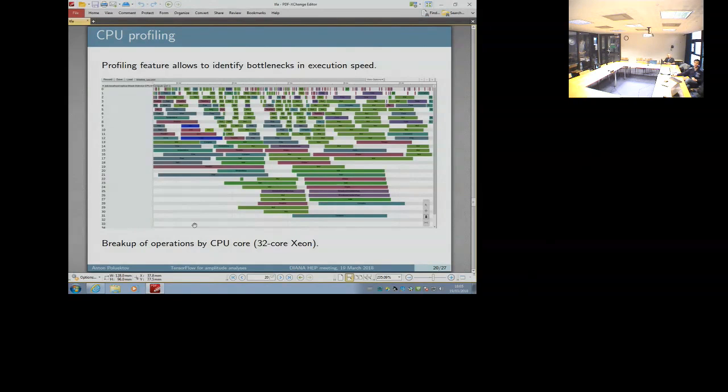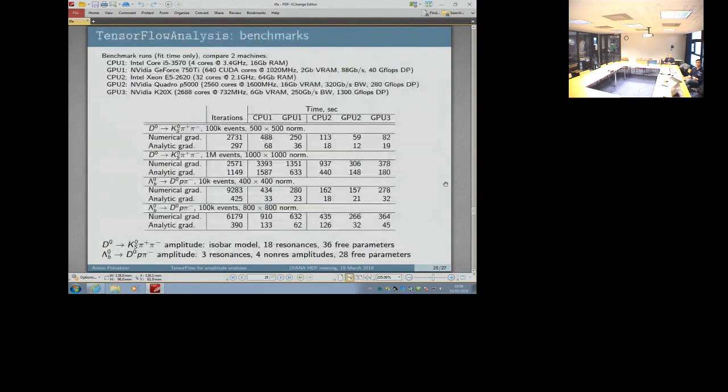For instance, this is how, for a 32-core Xeon, the operations are broken up across various cores. In principle, using this kind of picture, you should be able to identify possible bottlenecks in the execution speed. X is time, Y is the core number. So just some benchmarks here.